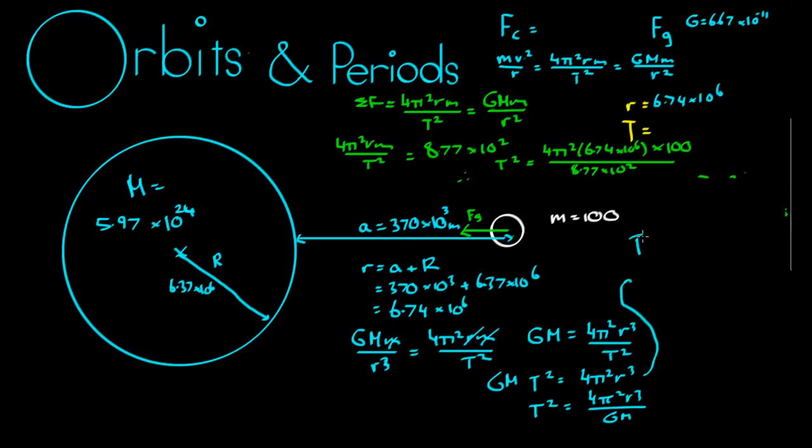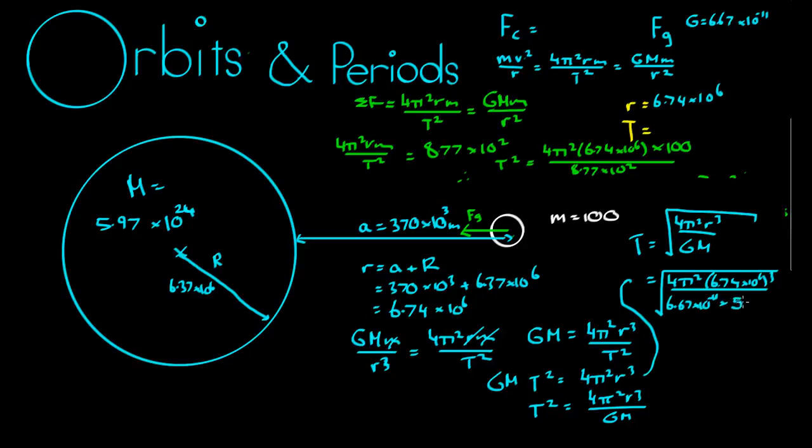And this shows us that t is equal to the square root of 4 pi squared r cubed on GM. Let's see if this spits out the correct value that we had before. So t is equal to the square root of 4 pi squared, which doesn't change, times R, which was equal to 6.74 times 10 to the 6, cubed, over G, which is equal to 6.67 times 10 to the negative 11, and M, which is equal to 5.97 times 10 to the 24.